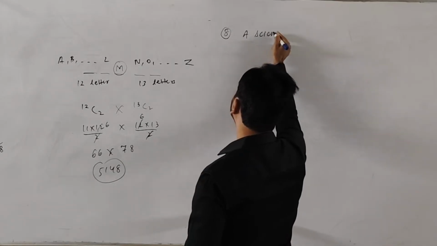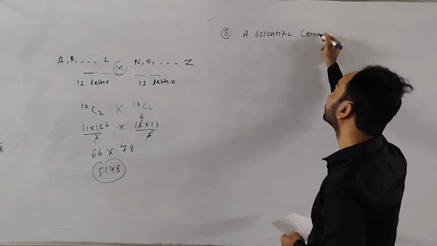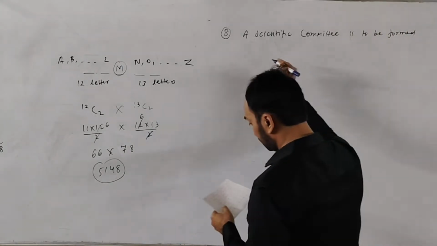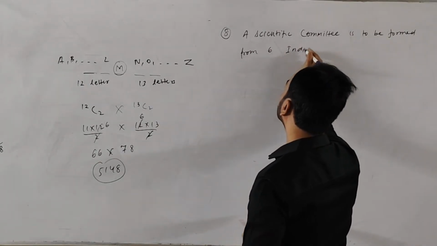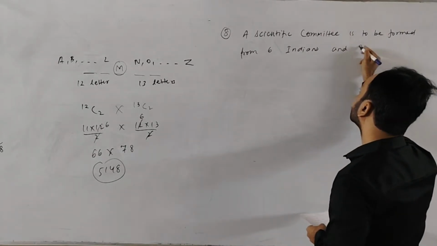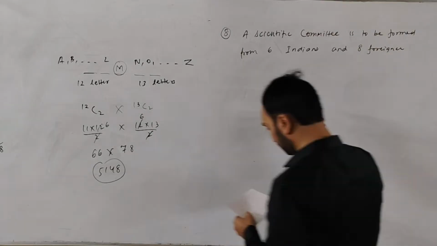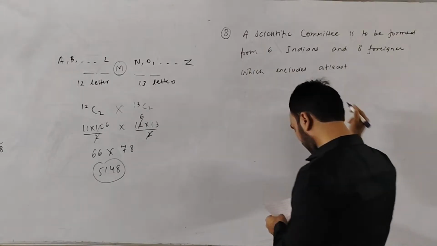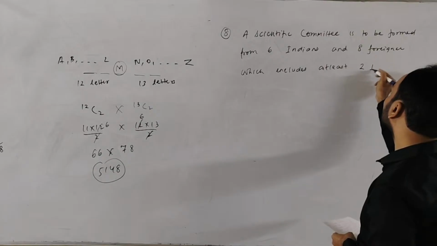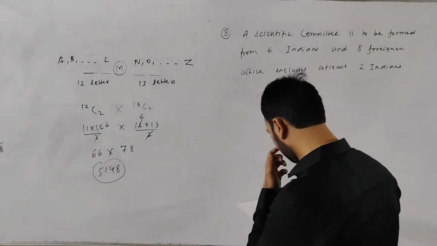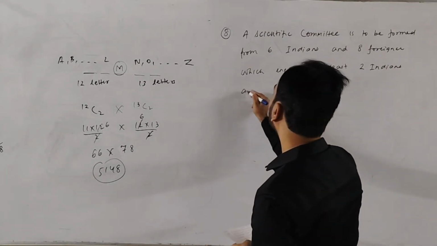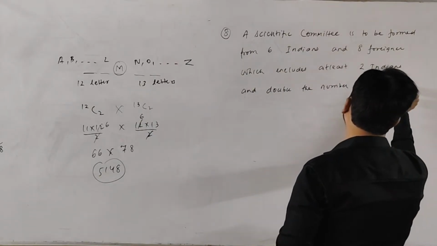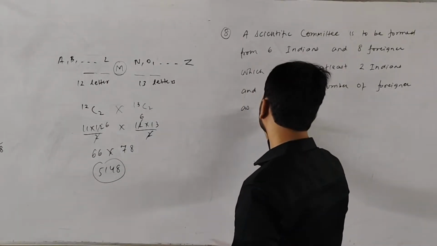A scientific committee is to be formed from 6 Indians and 8 foreigners which includes at least 2 Indians and double the number of foreigners as Indians, right?